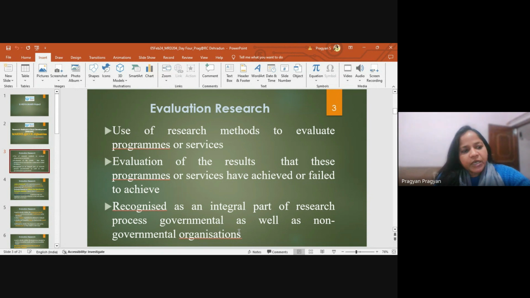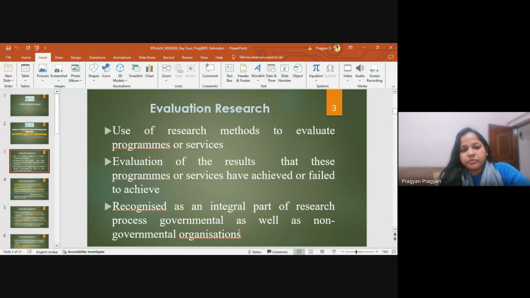A panchayati raj institution can have several types of programs, like programs for the infrastructure development of that village, another program in the area of water and sanitation, or another health awareness campaign. So, in evaluation research, generally we try to evaluate those programs.